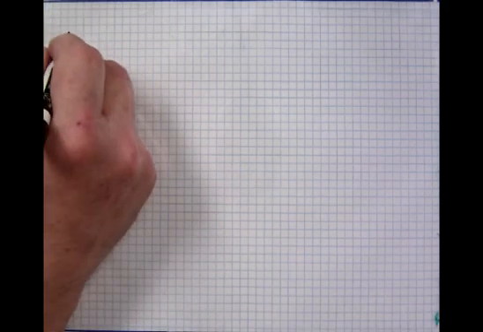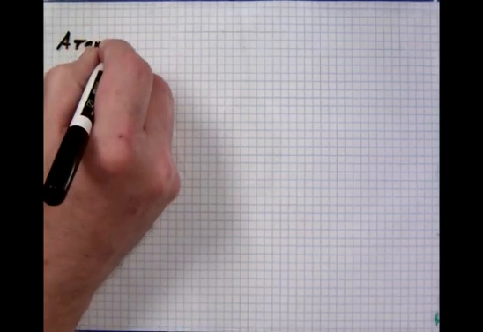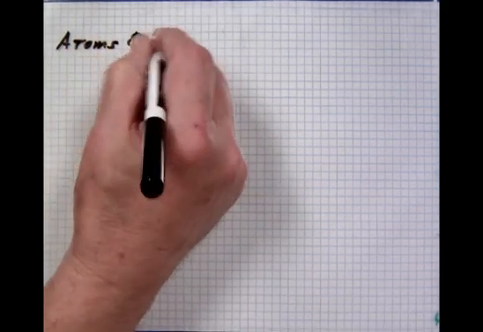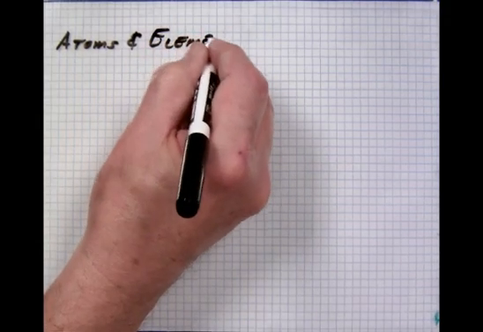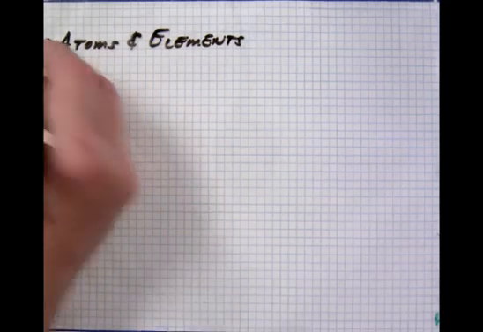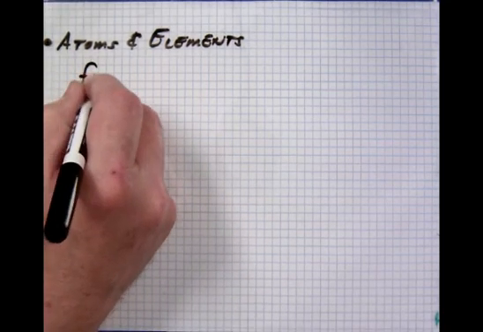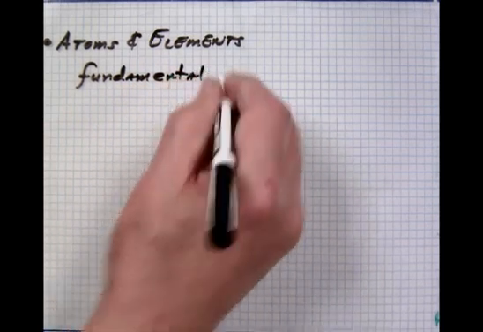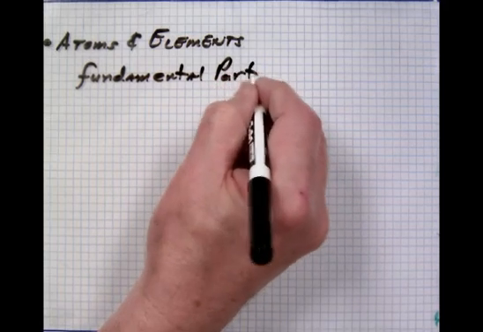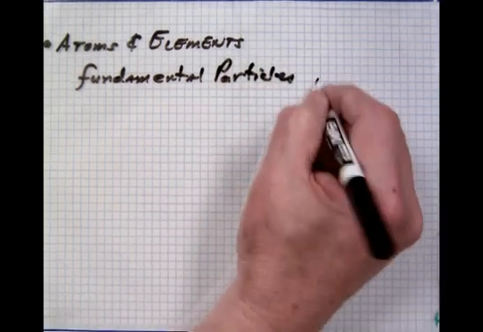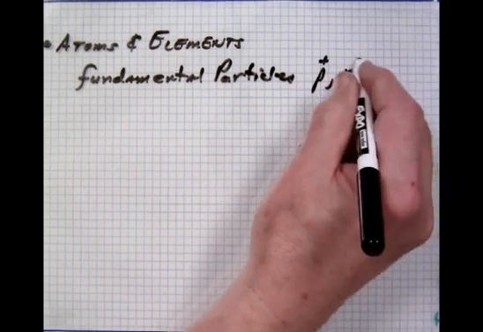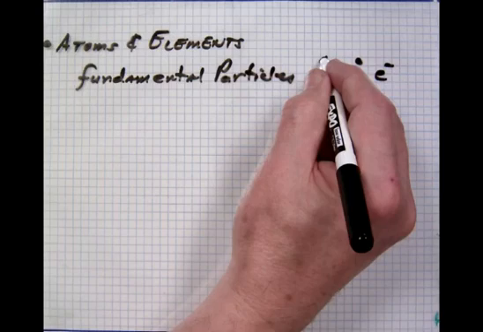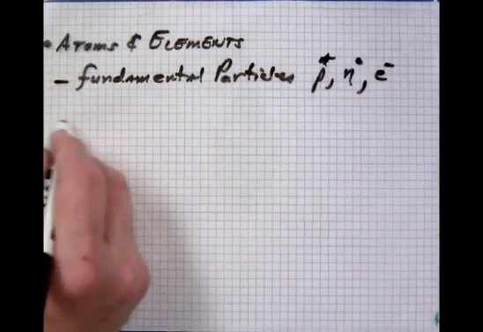Okay, we want to start in there when we talk about atoms and elements, and we'll just make a note. So we're talking about fundamental particles, which are, of course, the proton, the neutron, and the electron.